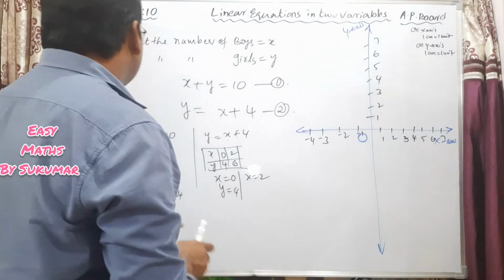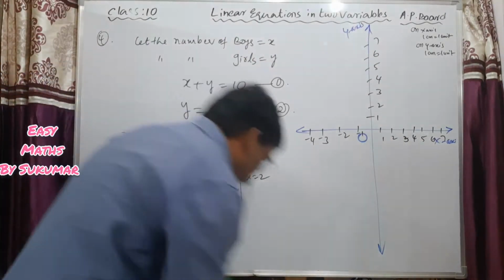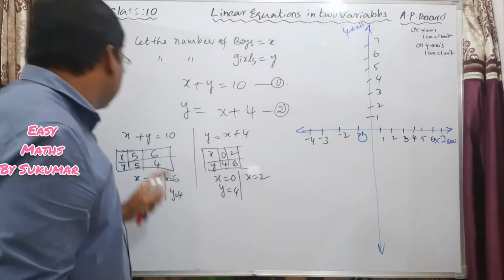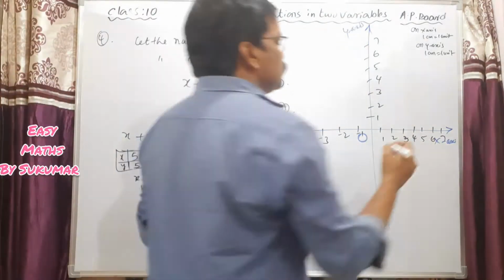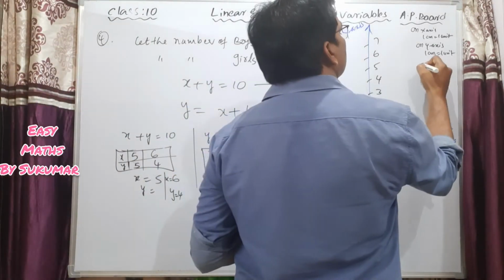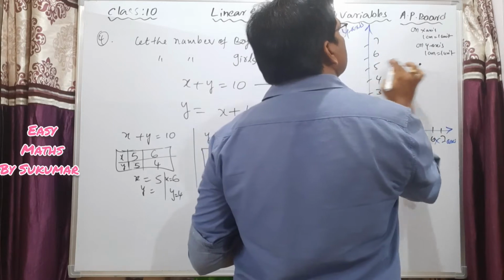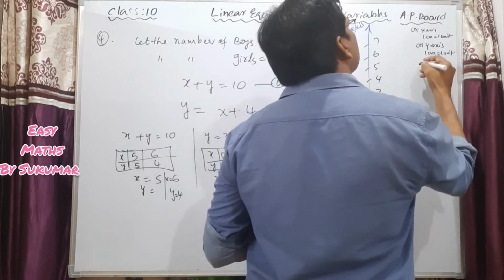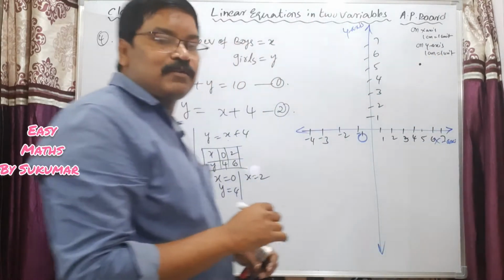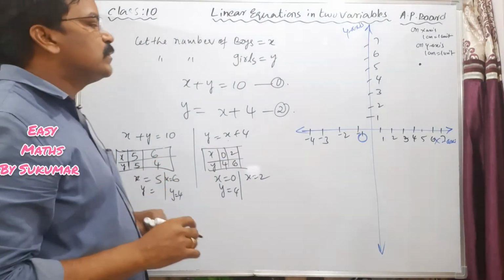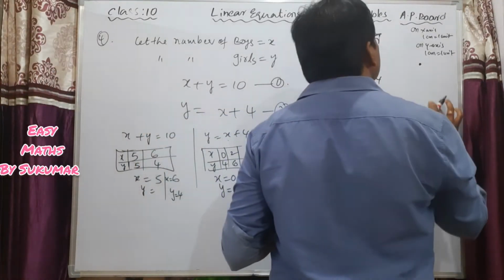Okay. See now, the first ordered pair for the first equation is 5 comma 5. So this is 5, here it is 5. So it is 5 on the x-axis, both the coordinates are 5 only, 5 comma 5. And the next one is 6 comma 4. This is 6 and it is 4.